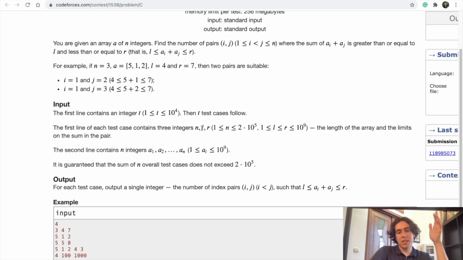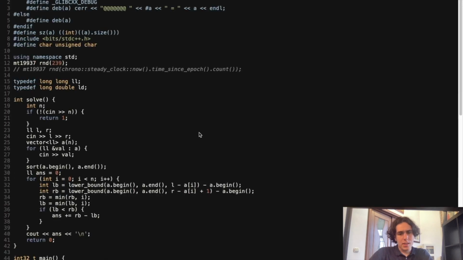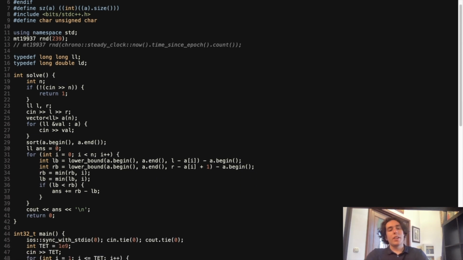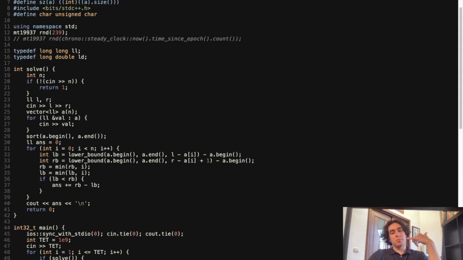I think it was because I saw this L and R are about segments, so I thought, okay, we should find out the number of segments whose sum is in this interval from L to R, but it was not true. But as in problem B, it was not that hard to rebuild my solution.